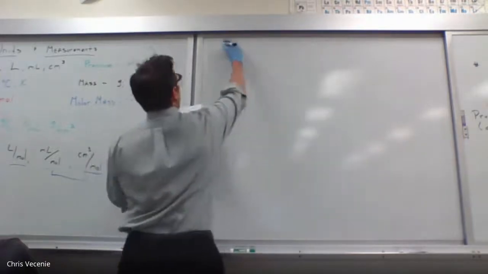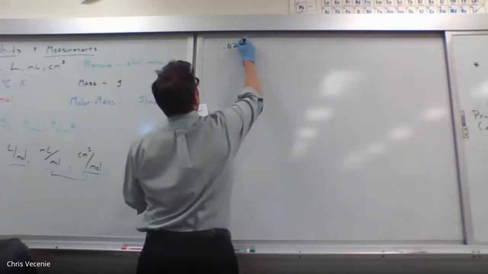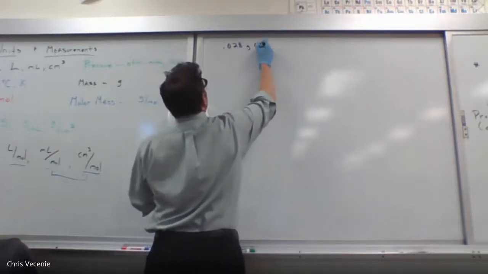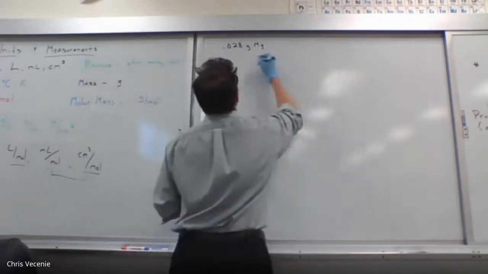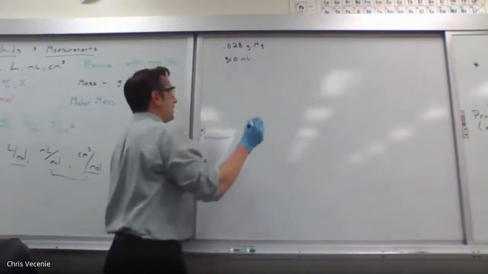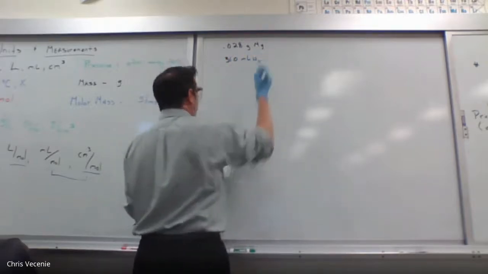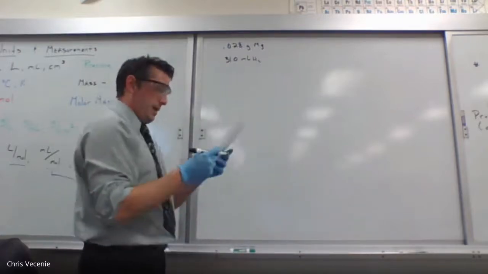All right, so we know we have 0.028 grams of magnesium. We also know we had 31.0 milliliters of hydrogen gas collected, and that was not at STP, right?